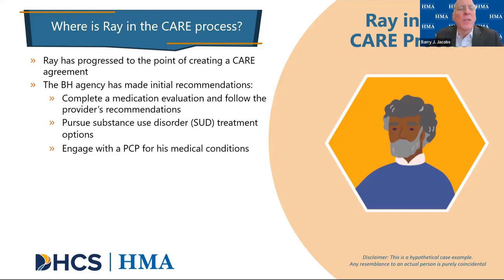The behavioral health agency that had done an initial evaluation has made the following recommendations: that he complete a medication evaluation and follow the prescriber's recommendations, that he pursue treatment options specifically for alcohol use disorder, and because his diabetes is uncontrolled, that he see a primary care provider for his medical conditions. Could you show the rest of the slide, Chloe?